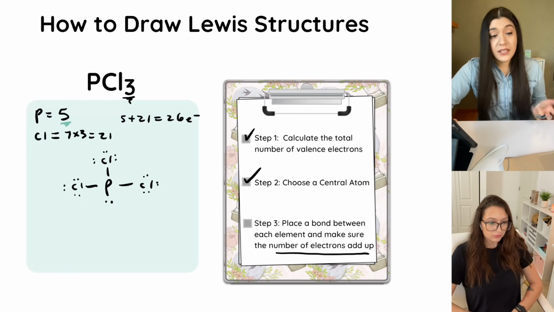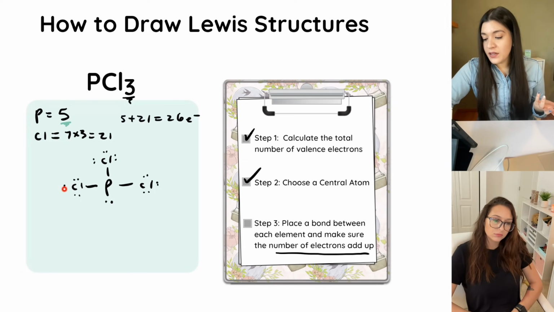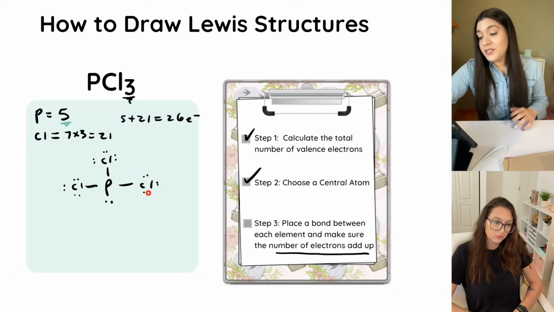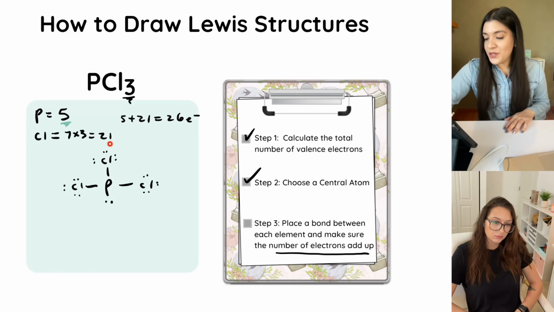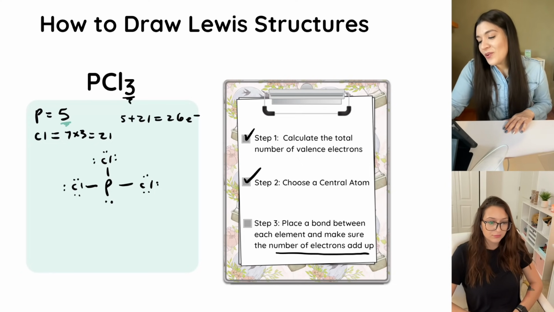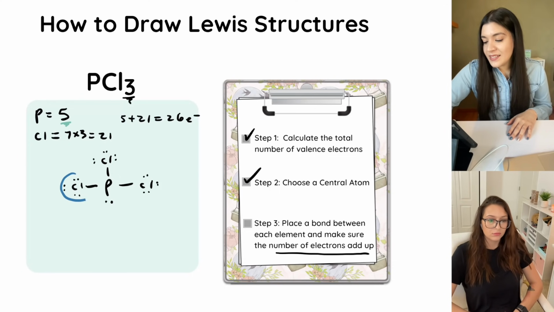So I can count this again: 1, 2, 3, 4, 5, 6, 7, 8, 9, 10, 11, 12, 13, 14, 15, 16, 17, 18, 19, 20, 21, 22, 23, 24, 25, 26. Or I could go a little bit faster and just say that each chlorine has 8 valence electrons. There's 3 here, so 3 times 8 gives us 24, plus the additional 2 here.